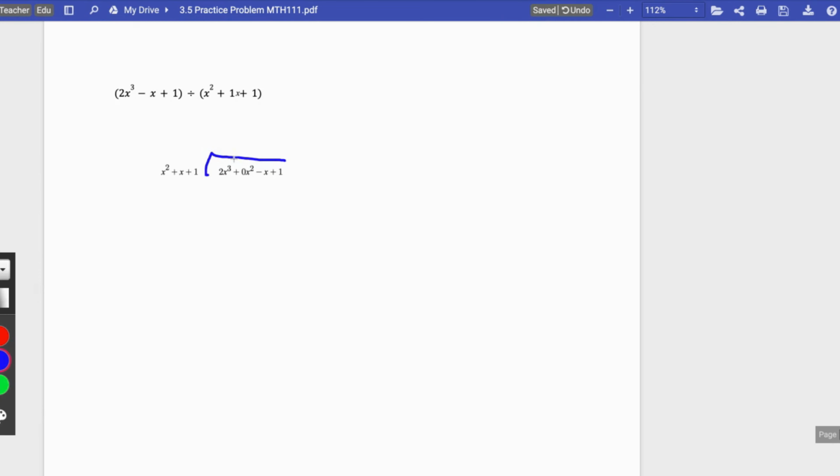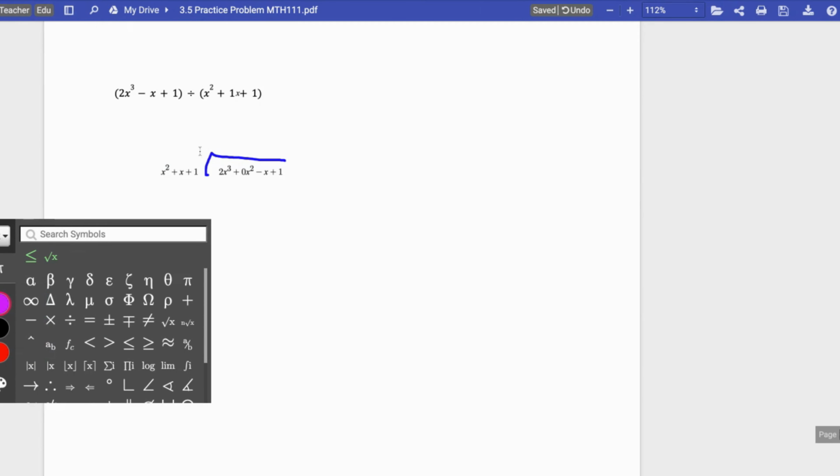All right, now I'm going to start by dividing. I want to see what I need to multiply x squared by to get to 2x cubed. Well, 2x cubed divided by x squared is 2x. So I'm going to put a 2x up here, and I'm going to multiply 2x by each piece. 2x times x squared becomes 2x cubed.